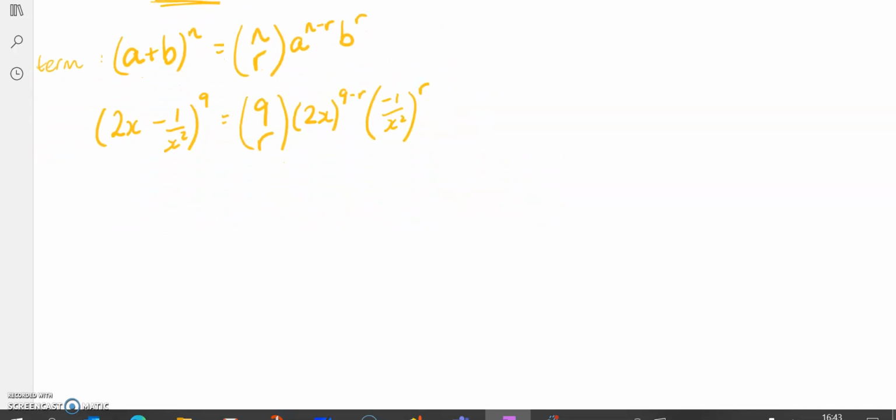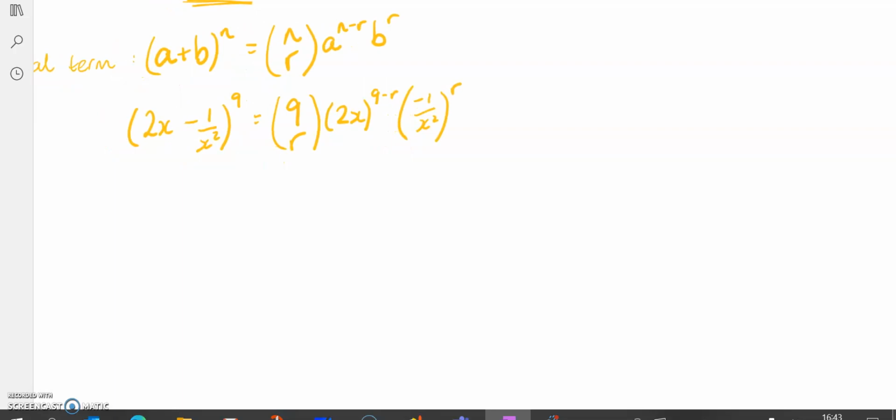What we want to do is get all the x's together, all the numbers together. So we're going to apply the powers of powers. If we apply this to both, this will become 2 to the power of 9 minus r, x to the power 9 minus r. Remember, the power applies to both.